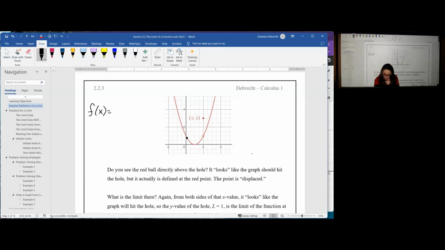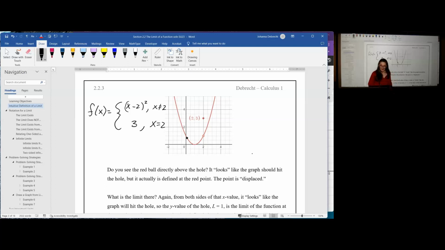So we have 2 pieces. It either is the graph of x minus 2 quantity squared, as long as x is not equal to 2. And at x equal 2, it looks like the y value is 3.